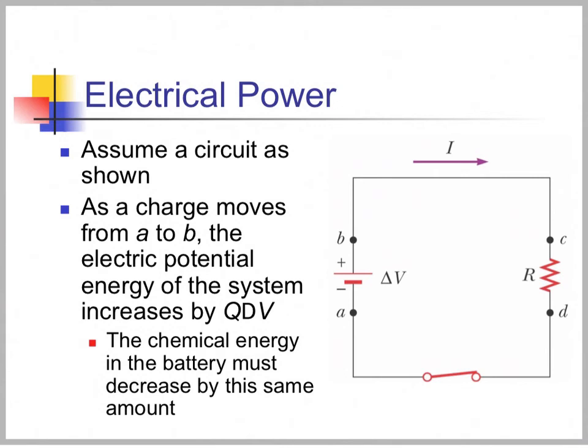As a charge moves from A to B, the potential energy of the system increases by the amount Q delta V. The chemical energy in the battery then must decrease by the same amount.